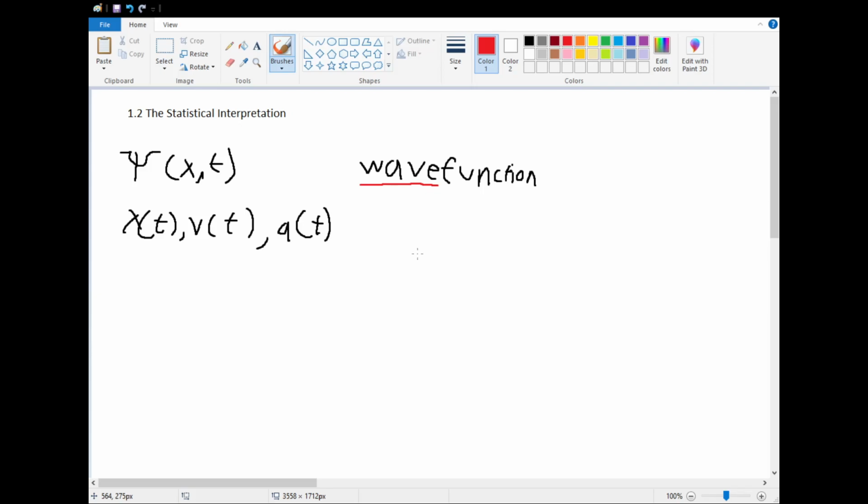Now, this is very much contradictory to our quantities from classical mechanics. Position, velocity, and acceleration are localized quantities. A particle has a definite position in classical mechanics. It is either here or it is not here. Same thing with velocity. Either it has a velocity or it has some other velocity. Same thing with acceleration.